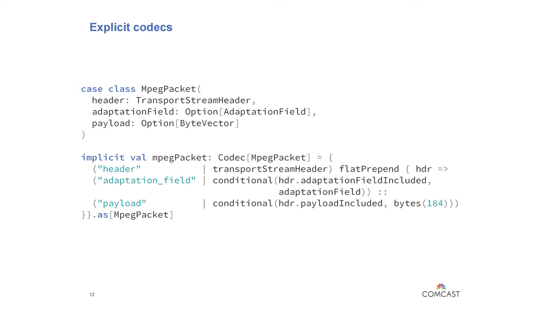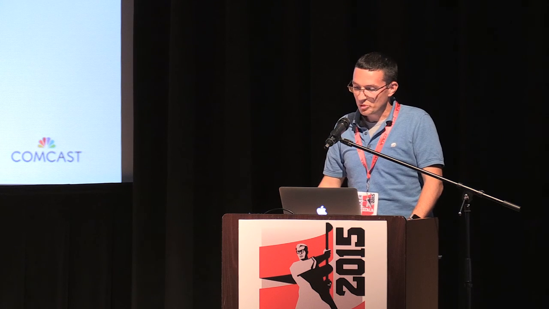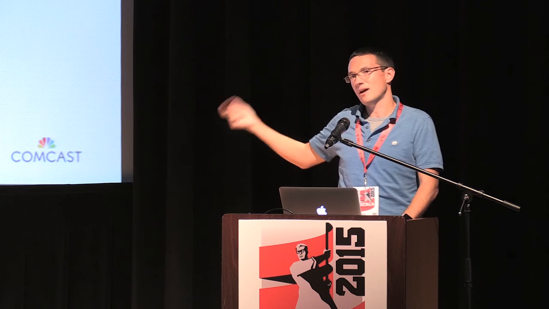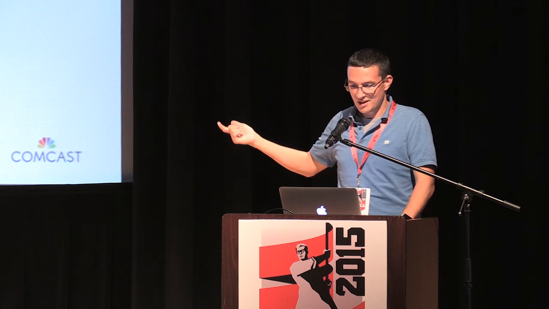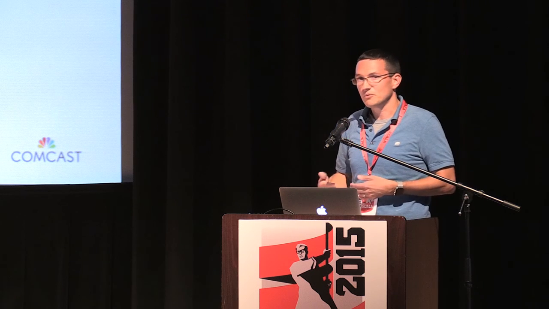The last example I want to give from S Codec is just one more data type building on this transport stream header data type. I don't really need to go into a lot of detail on this one, but basically there are other more sophisticated transform operations besides our xmap transform. In this case, our case class is really simple: we've got a header and two optional fields.